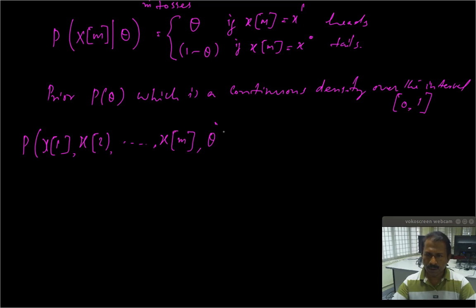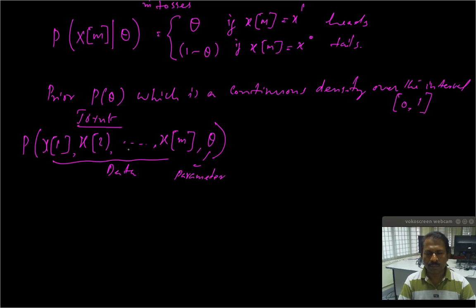So we are expressing the joint probability distribution between the data, observed data, and the parameter theta, right? So this is our data and this is our parameter. So remember, when we try to express in terms of Bayesian networks, we start with a joint distribution, right? So this is the joint distribution of this problem.